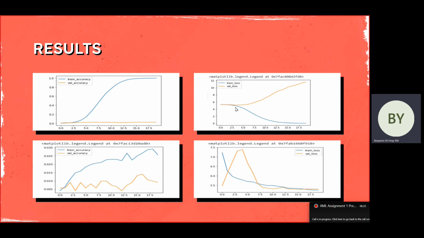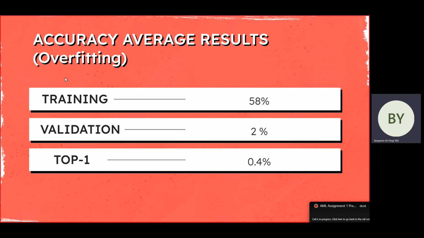So now if you look at the results, you can see that the two pictures above are the accuracy and loss graphs of the model which encounters overfitting issues. But the images below are the graphs for the accuracy and loss of the model which does not encounter overfitting issues. For the overfitting model, the training accuracy is 58%, validation is 2%, and top one is 0.4%.